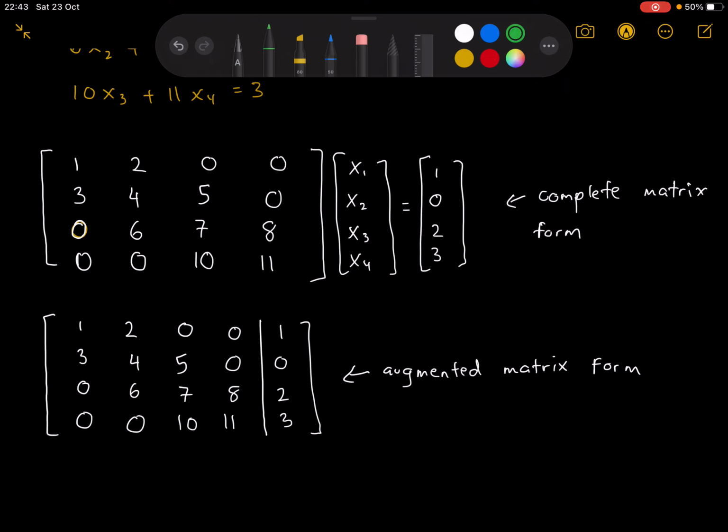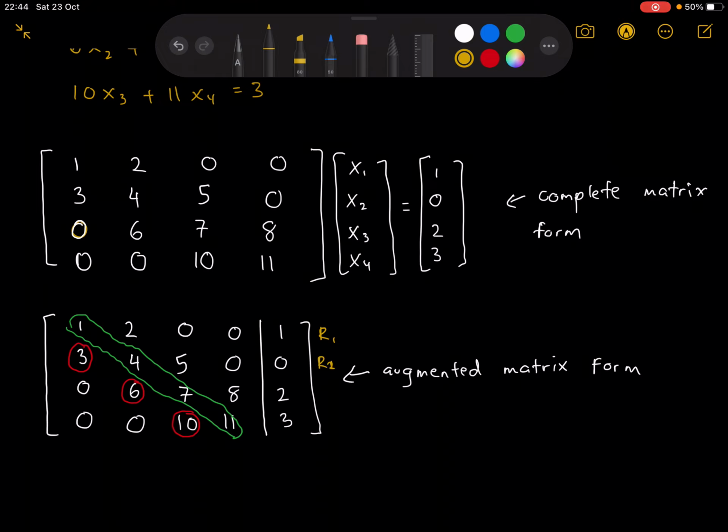I've mentioned that in order to apply the Gauss elimination method, we need to make sure anything below the diagonal becomes 0, meaning this 3 becomes 0, this 6 becomes 0, and this 10 becomes 0. To do this, we work from row to row.